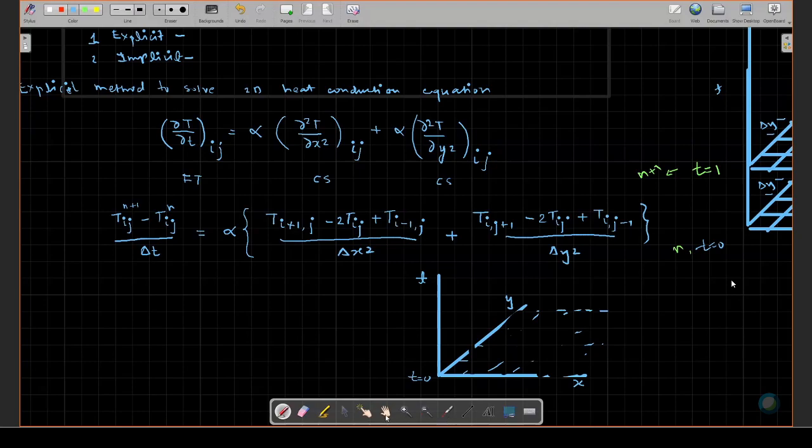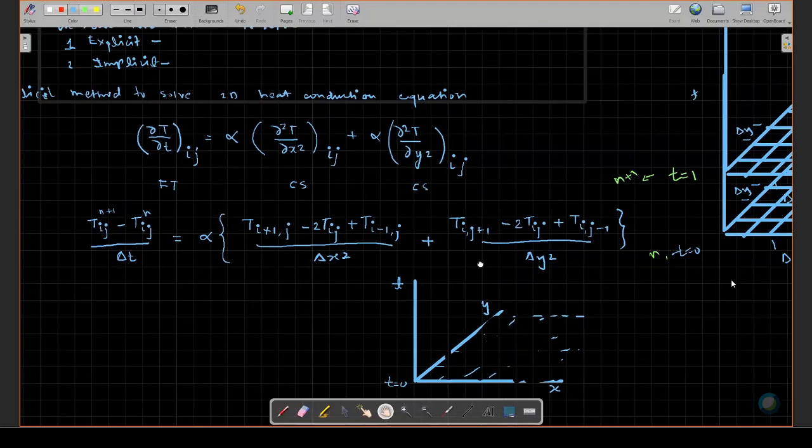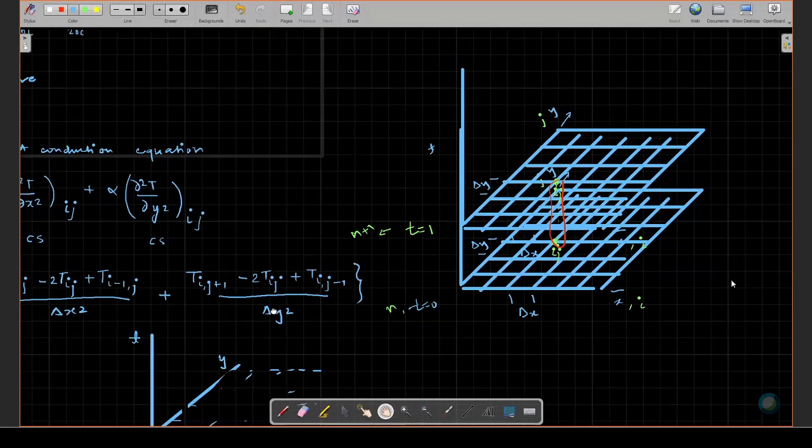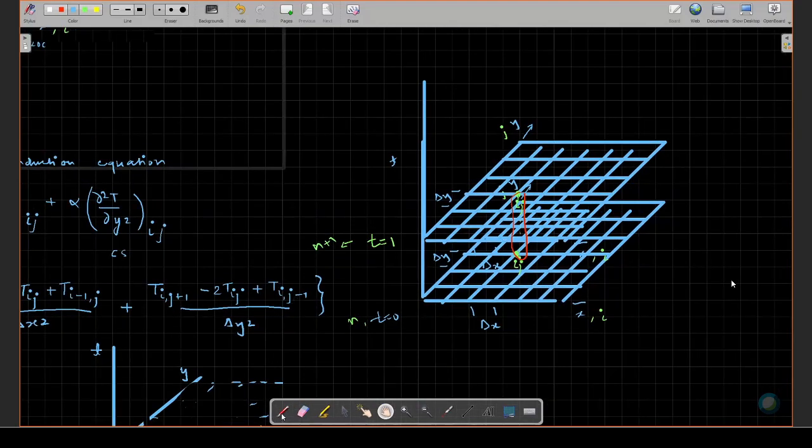Now when we take the space part, we are taking into consideration these values: i, i minus 1, i plus 1. This is the ith value, this is i minus 1, this is i plus 1. And here this is the jth value, the next value is j plus 1, and the previous value is j minus 1.